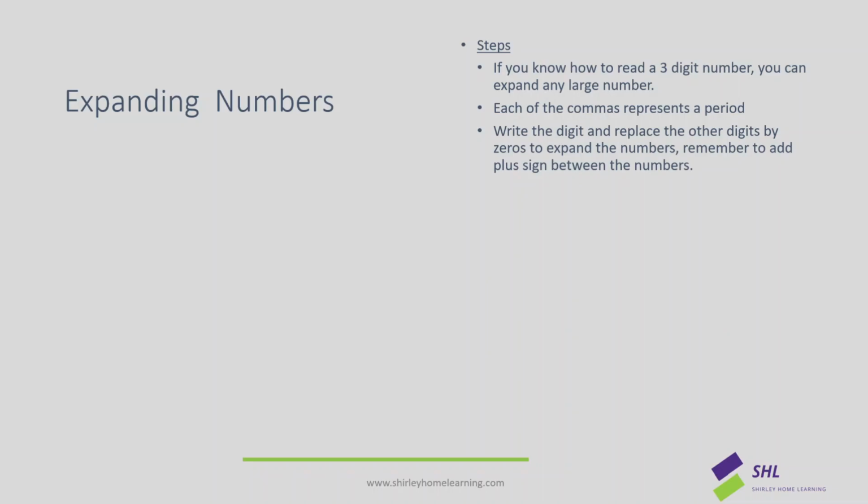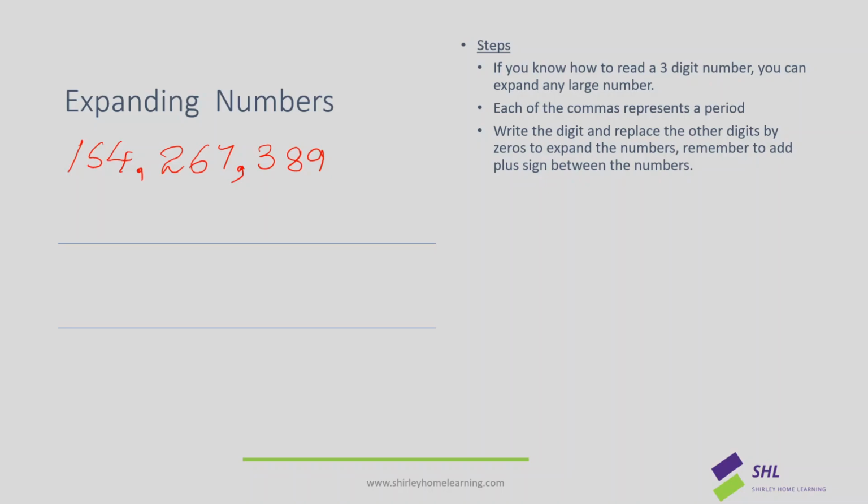First we are going to write the digit. So first let's write the number again. 154,267,389. That's a very large number, and I'm going to try and expand this number.